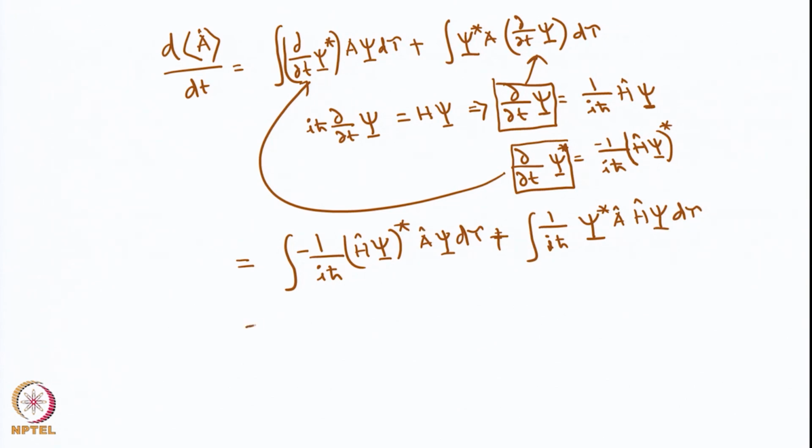Okay. Now 1 over i equals minus i. So if I use that, I can take this i to the numerator and this also I can take to the numerator.